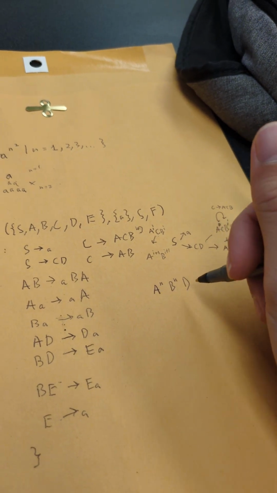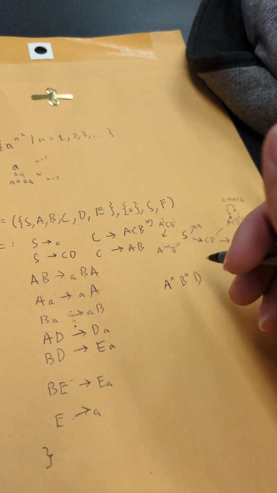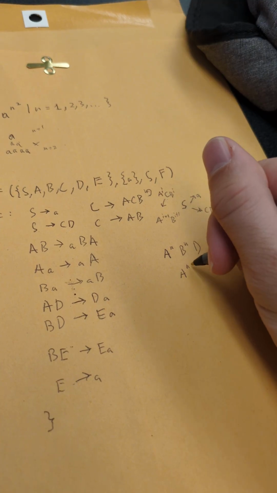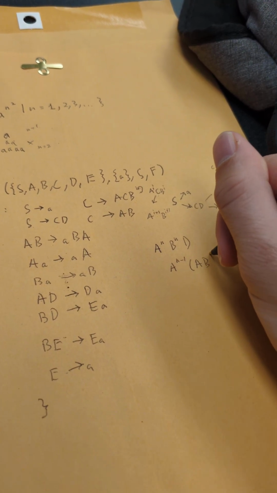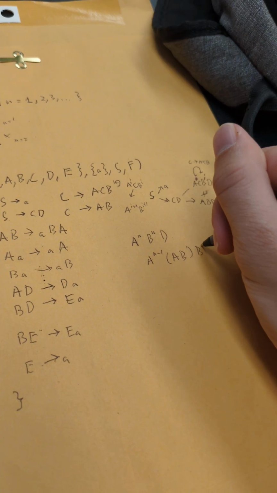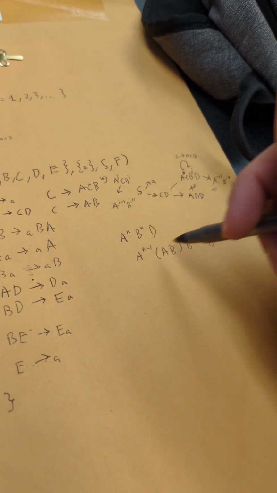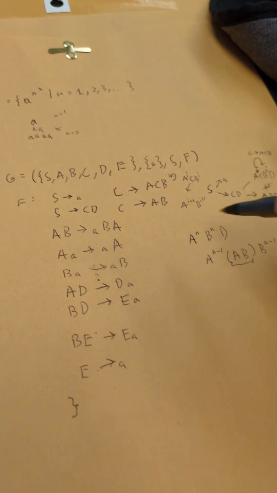So now we have this rule, and when we're looking for ways to apply it, I think it might be useful to rewrite this as A to the N minus 1, and just group that A and B together, and also reduce the exponent on B's side. All right, so now we have this, and we can apply our substitution rule.